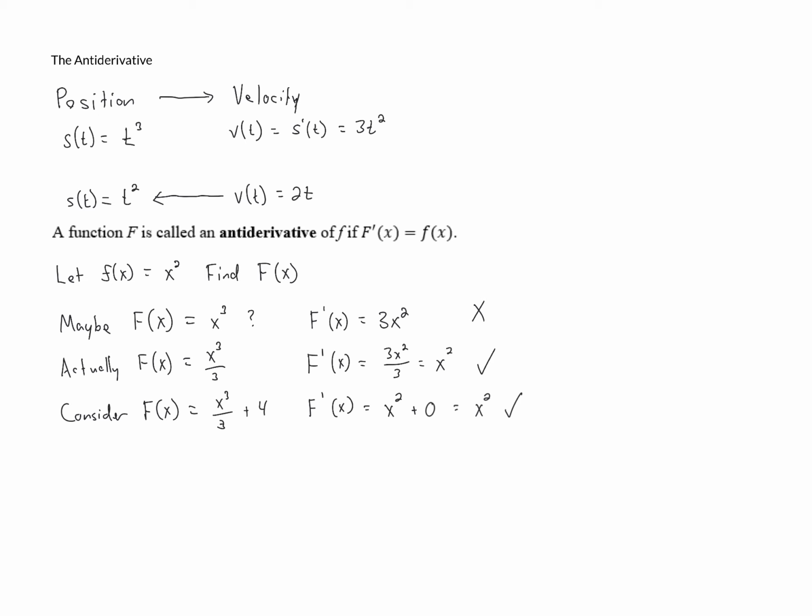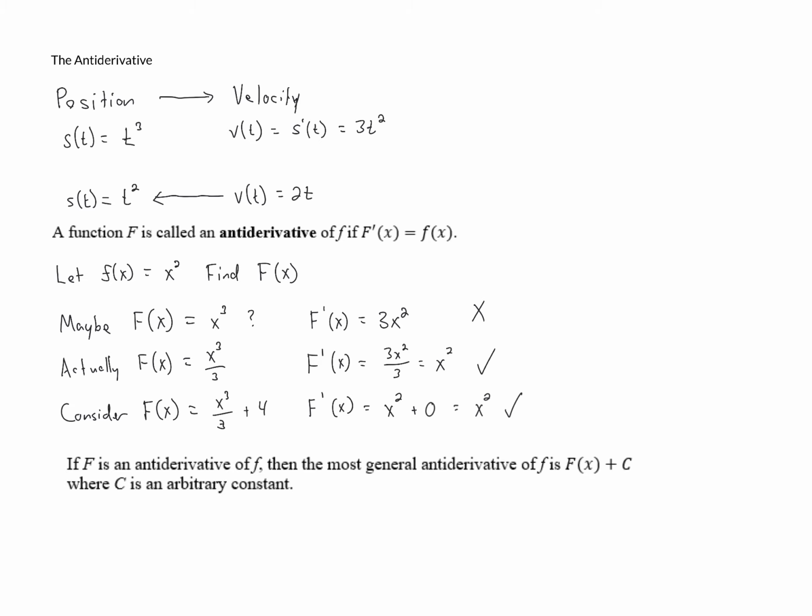And so when we're talking about antiderivatives, whenever we figure out a specific antiderivative, we're going to say that the general antiderivative is that quantity plus a generic constant, because we can add a constant and it doesn't change the derivative. So we have this statement: if capital F is an antiderivative of lowercase f, then the most general antiderivative of f is capital F of x plus c, where c is an arbitrary constant.